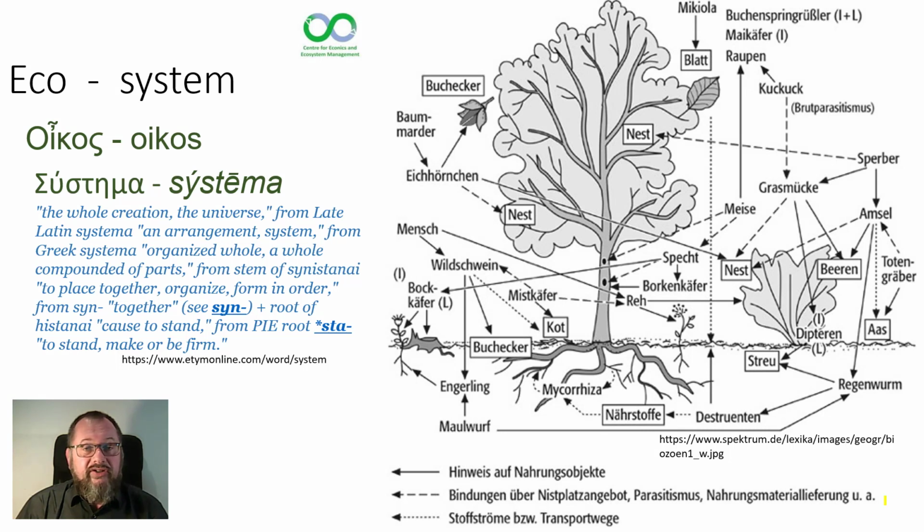The ecosystem is a term which is going back to the Greek language, oikos, and systema, a Greek Latin term which refers to a bigger whole, an organized whole, which is comprising parts or components, and which together form a certain order.